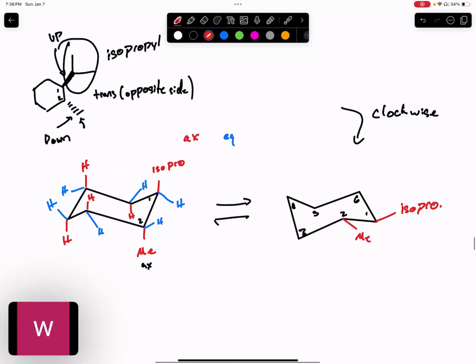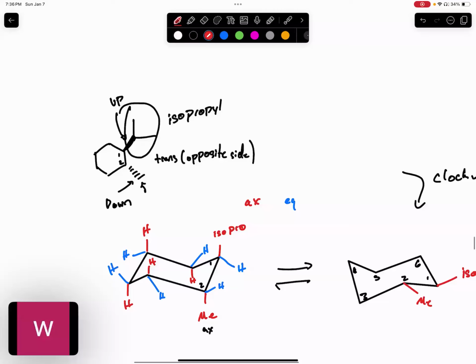For the methyl group, isn't it a dashed line, so it's supposed to be equatorial? No, dash lines don't mean equatorial. Dash lines mean that things are facing away from you. It means that it's essentially pointing down.